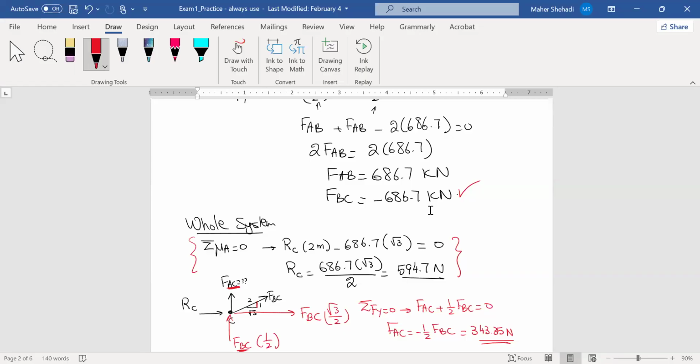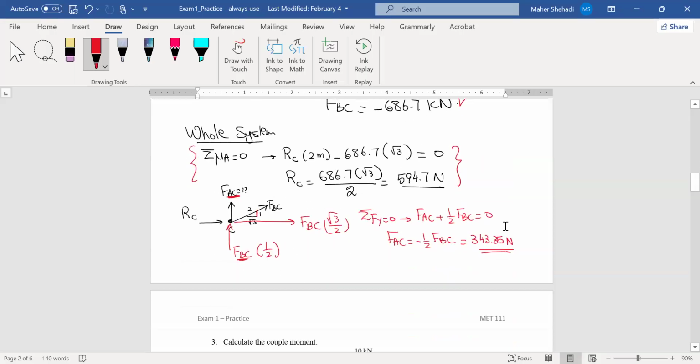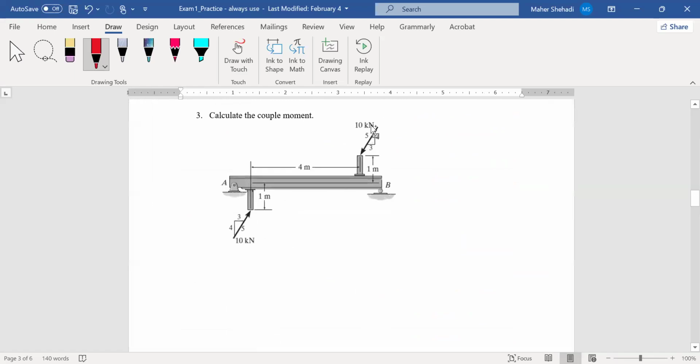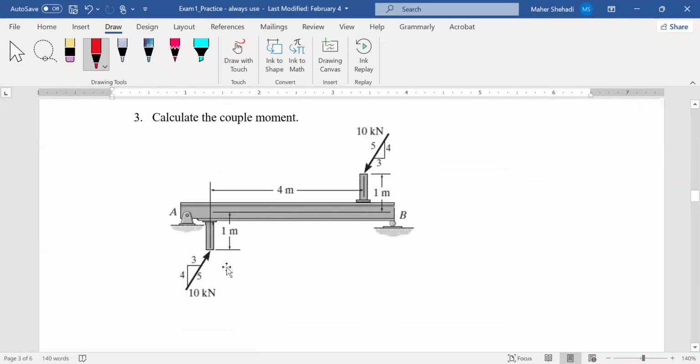Okay, the next one we need to calculate the couple moment. I have this structure, it's a beam that has two forces, 10 kilonewton here and 10 kilonewton on the left. They're both parallel because this one is 4 to 3, this one is also 4 to 3.